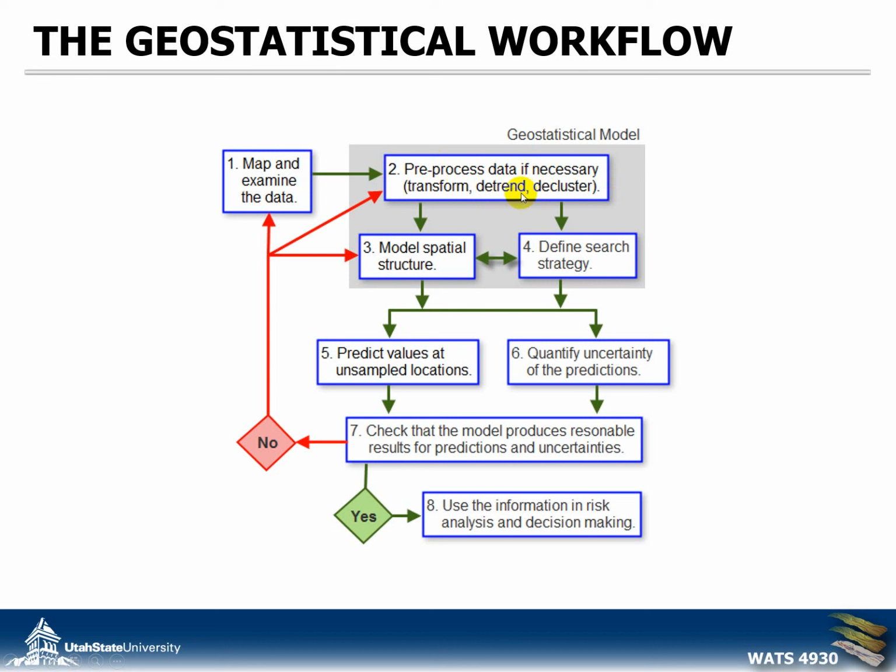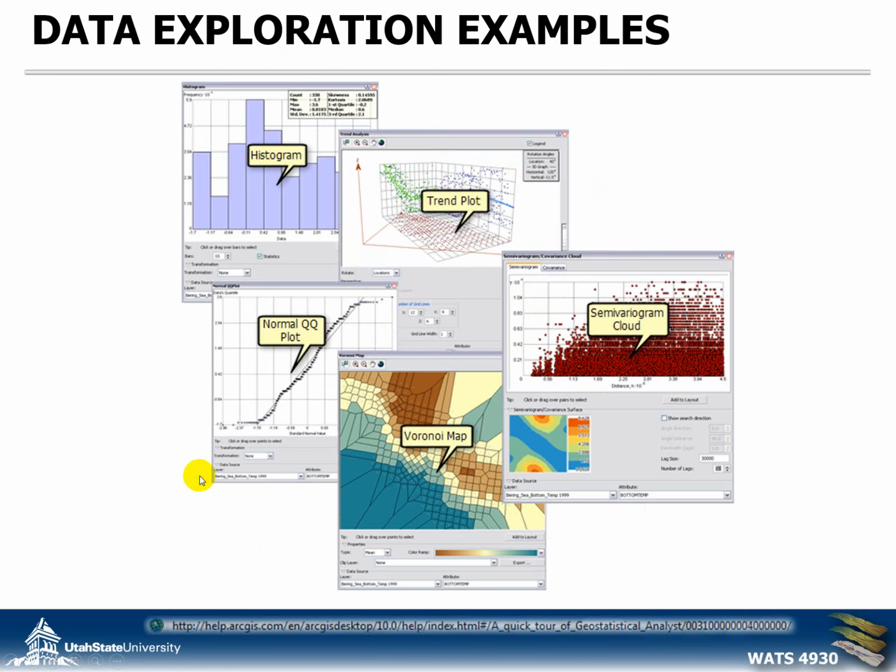You might transform it, detrend it, decluster it, etc., and then you model the spatial structure of that data, and use that to define a search strategy and then predict values at unsampled locations. Within geostatistical models, the interpolation models that we'll talk about later allow you to do this. But in this context right now, this simple process of pre-processing or examining data and looking at those charts is really useful to be aware of.